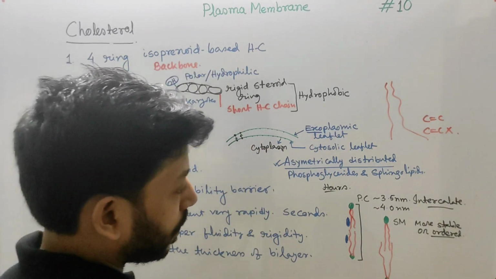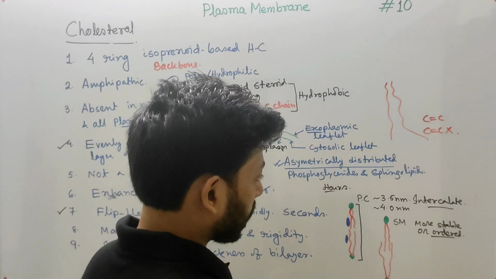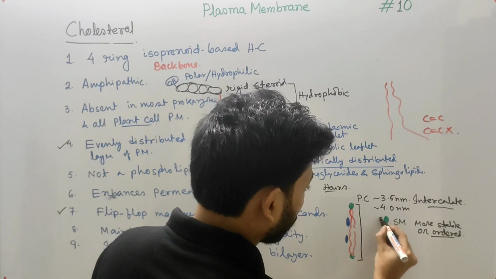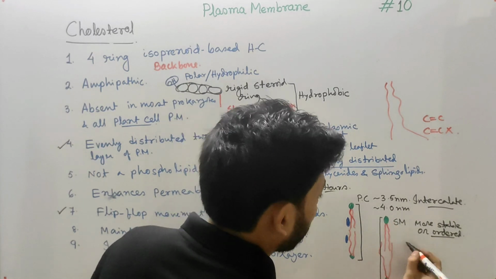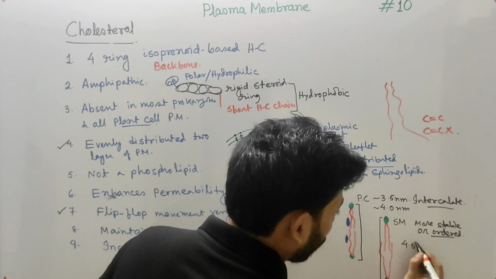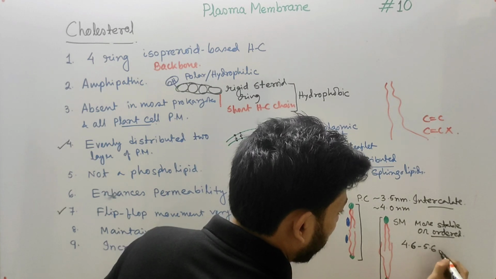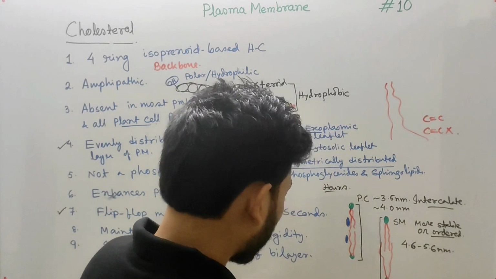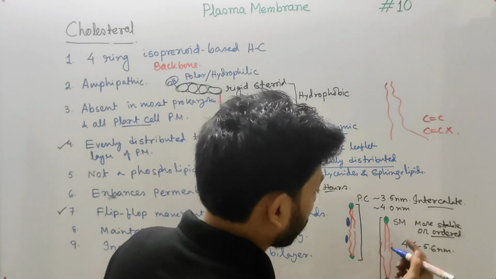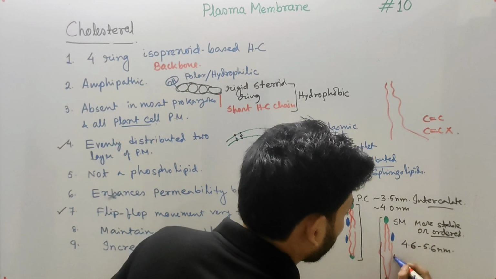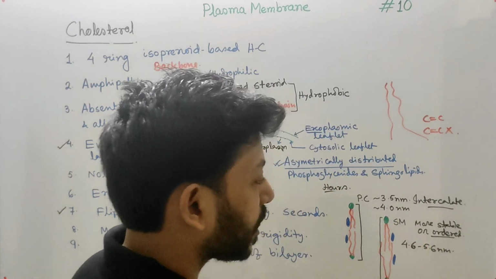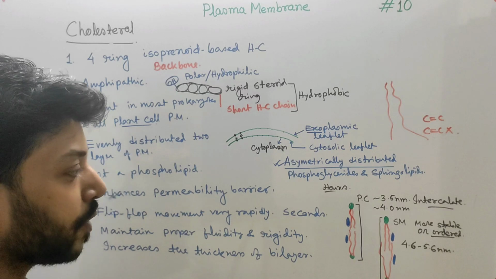So in the case of sphingomyelin, the thickness of the bilayer is large, 4.6 to 5.6 nanometer. But when cholesterol intercalates with the sphingomyelin, it will not increase the thickness of the bilayer.